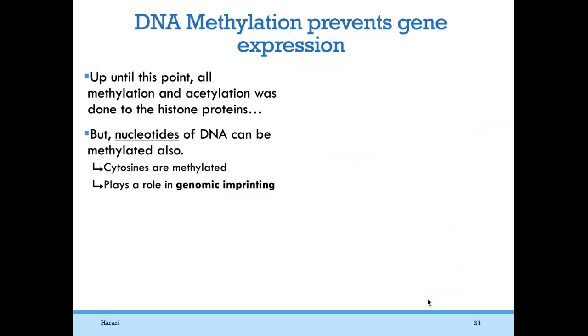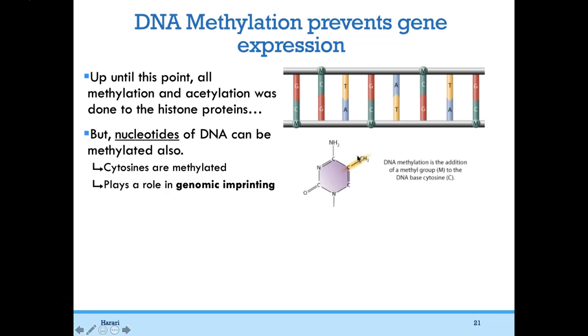And up until this point, the methylation and acetylation was done to the histone proteins itself, but the nucleotides of DNA can also be methylated. Specifically, it's the cytosines that are methylated, and certain genes are shut off in sperm and egg.